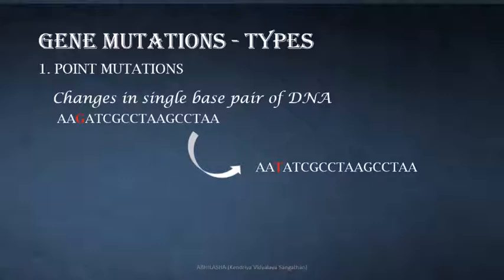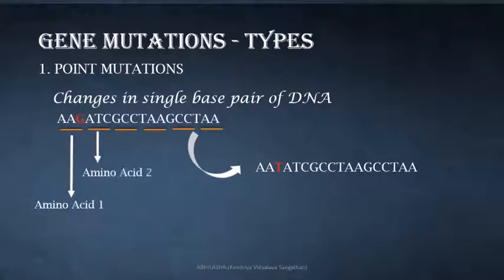Now, as you will study in the next lesson, 3 sets of bases form one amino acid. So AAG forms amino acid 1, ATC forms amino acid 2, and so on. Now let's say as a result of all these amino acids formed, a protein P is formed.